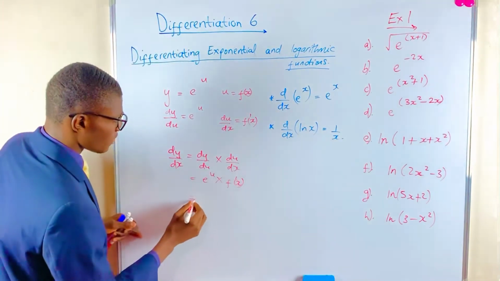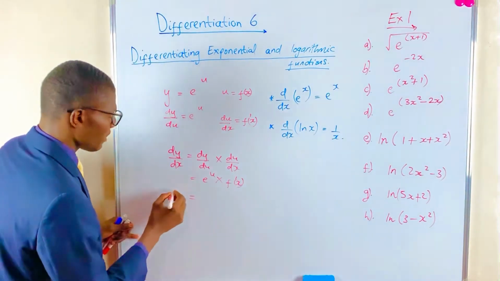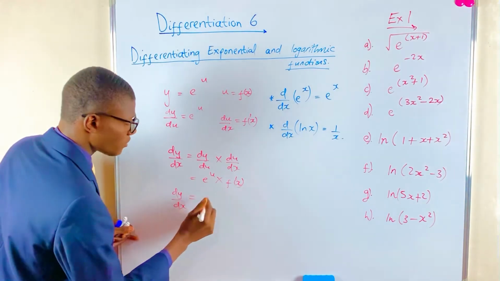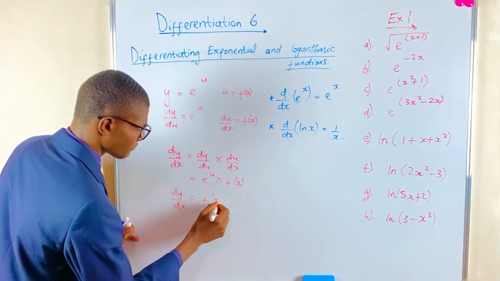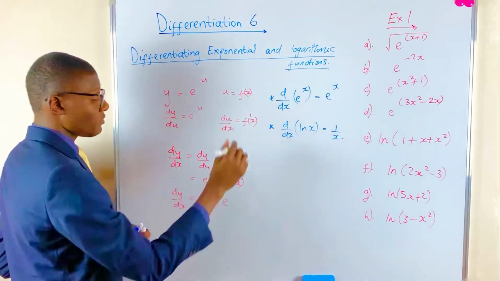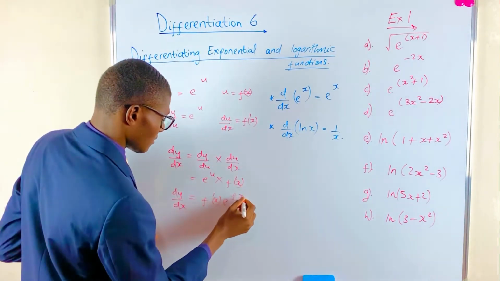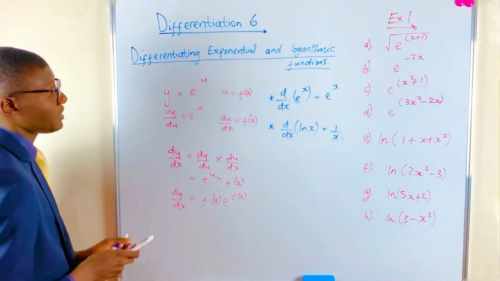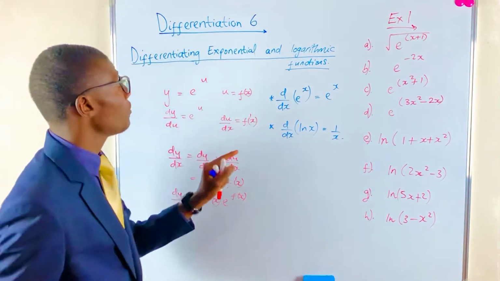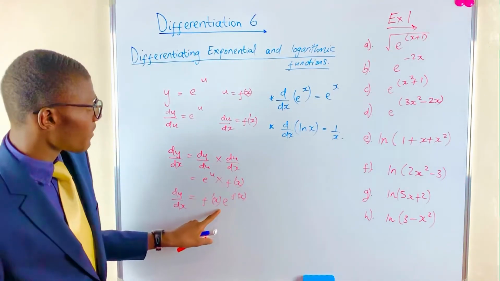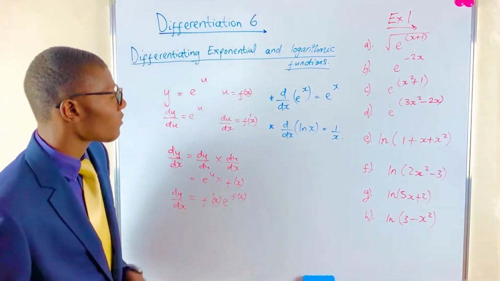You can rewrite this result as dy by dx is equal to f prime x times e to the power of u, being f of x. So this is the result that we get when we differentiate e to the power of u, whereby u is a function of x: f prime x times e to the power of f of x.